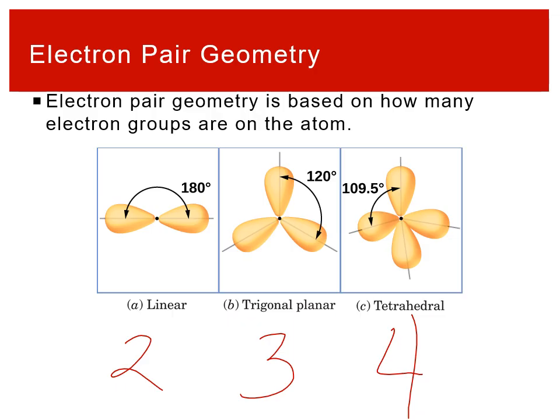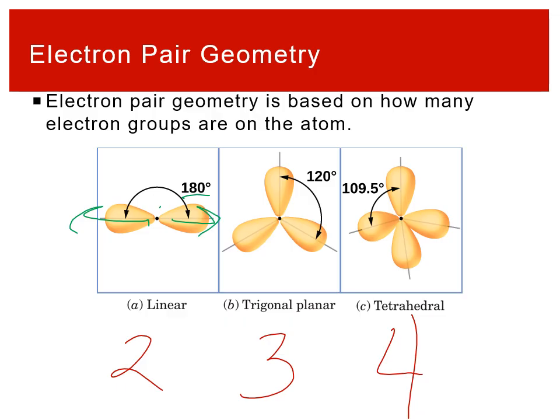So if you have 2 electron groups, one will point in one direction and one points the opposite direction. And we can see that orientation is shown by what we call the bond angle. In this case, it's the 180 degrees that corresponds to that sort of straight line.